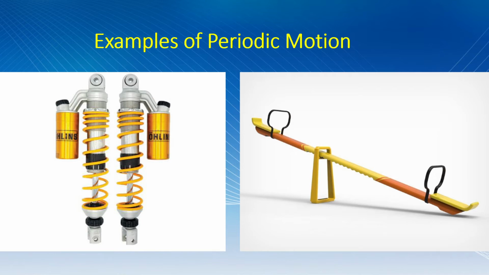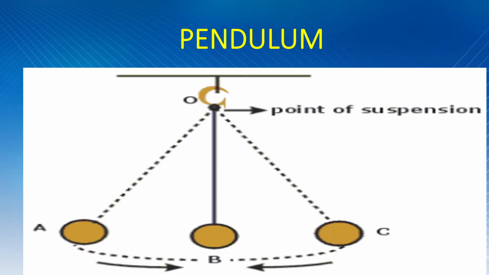Next, this is the pendulum. When the pendulum moves from its original position A towards B and C, a restoring force acts at A, where a restoring force is a force that tends to restore a body from its displacement to its equilibrium position.